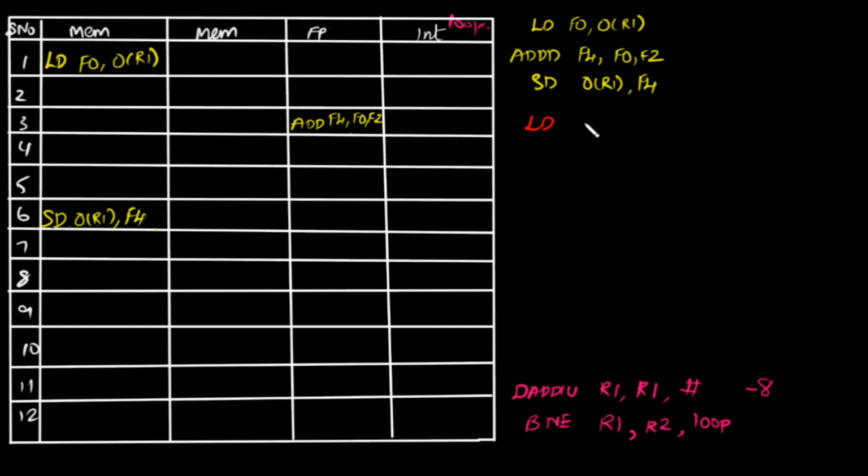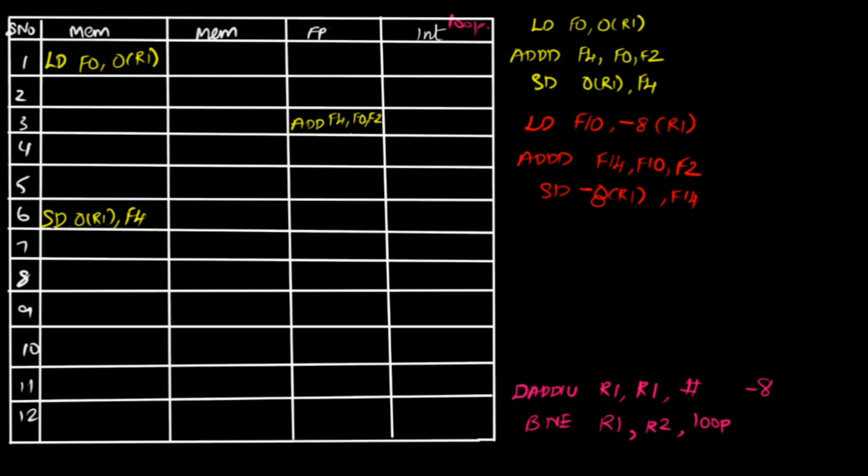So LD F10. Now we are going to use the next set of registers, because that's the usual way we are doing it. Adding 10 to the register number, and the displacement is -8, so you will have to adjust it to -8 of R1, and then ADD.D F14, F10, F2, SD -8 of R1, F14.